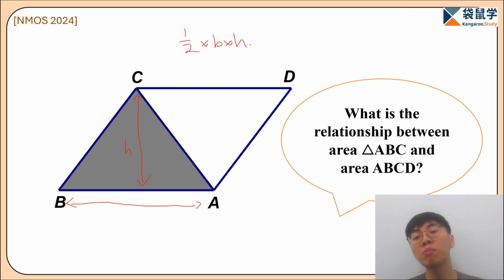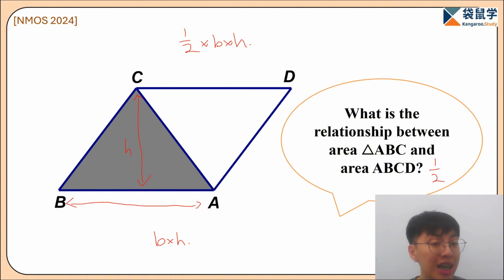What about the area of a parallelogram? The area of a parallelogram is just base times height, and the base is just BA and the height is also the same, H. So now we know that the area of this shaded triangle ABC will just be half of that of the entire parallelogram ABCD. So let's write that down, half.